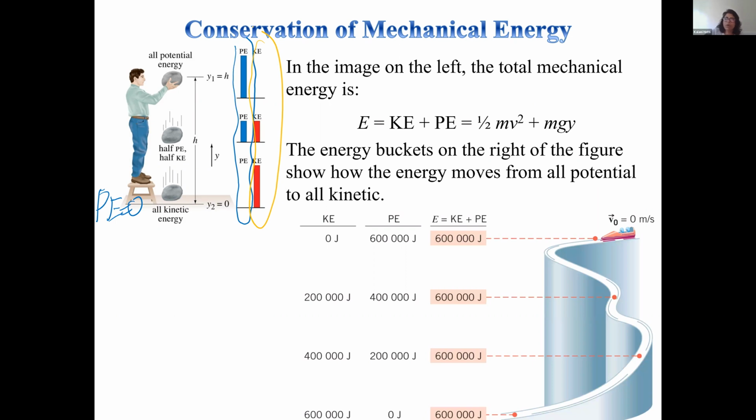So you see that in the track, the cart starts with initial velocity 0, so the kinetic energy will be 0 because that depends on the velocity. But at this point, if I take the potential energy 0 all the way down here, then my potential energy maximum will be at this height. That's why I have this much potential energy, right? Now, when the car goes down the hill, you will see your kinetic energy keep increasing.